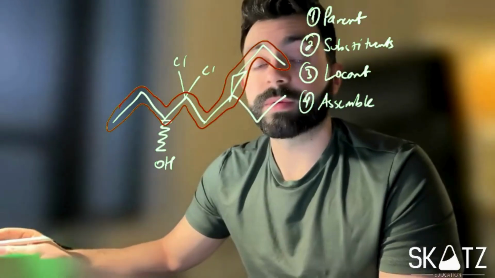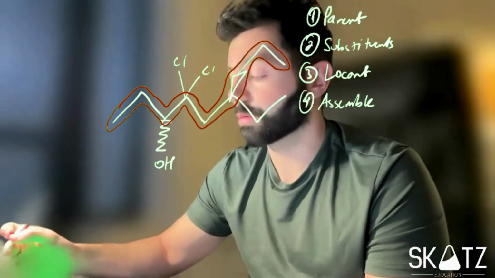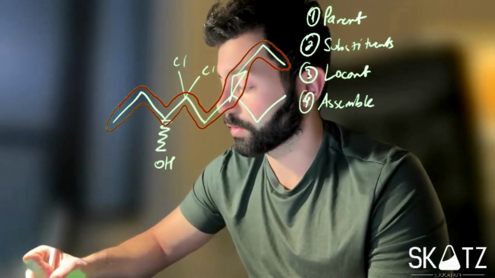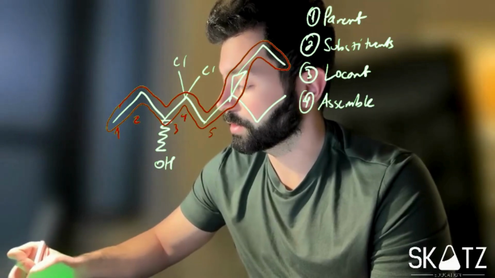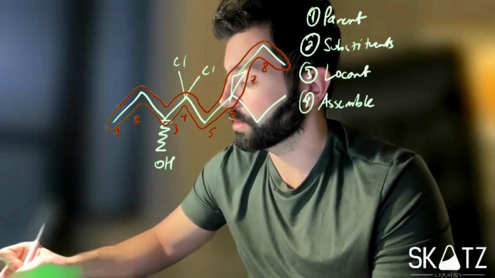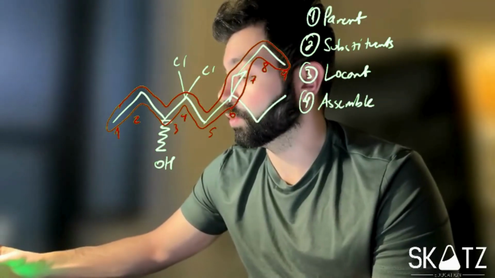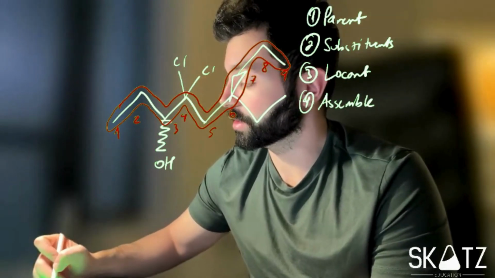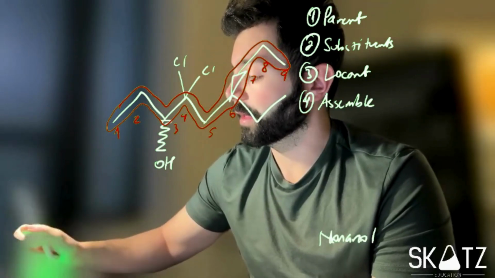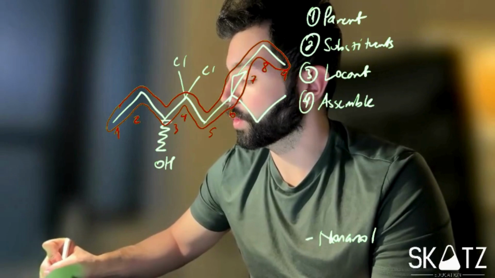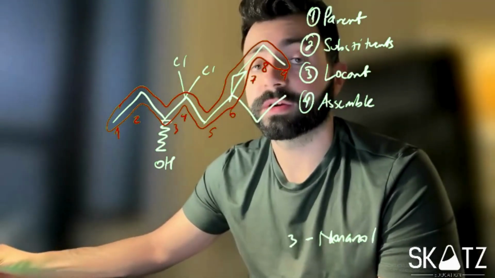And to number it, remember, we want to have that OH on the lowest number carbon. So I'm going to start from the left and move to the right. 1, 2, 3, 4, 5, 6, 7, 8, and 9. So the parent chain here is going to be nonanol. And the OH is sitting on the 3rd carbon, so we put a 3 right there. So that's the name of the parent chain.